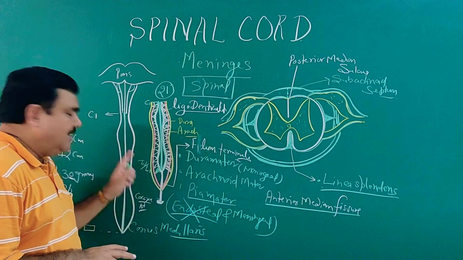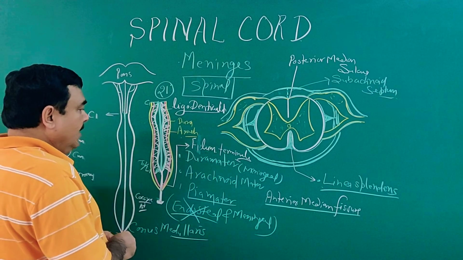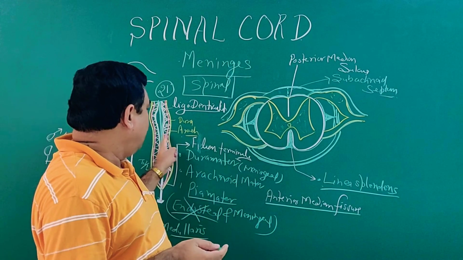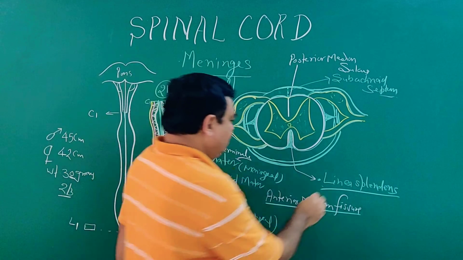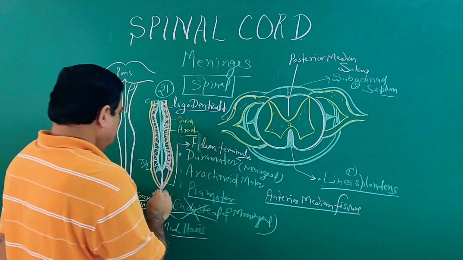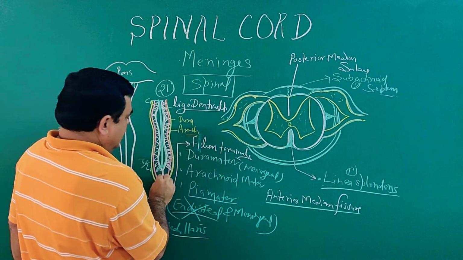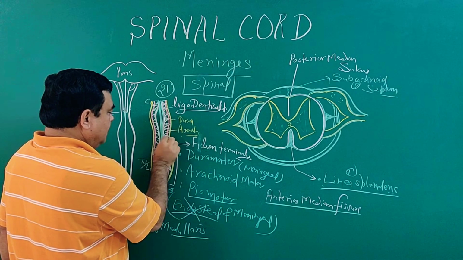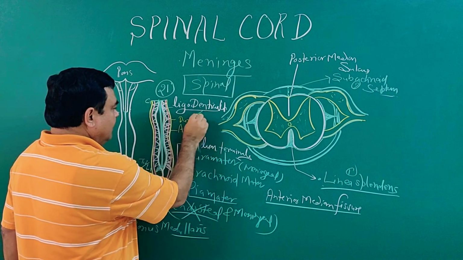This is the filum terminale. Next thing, the ligamentum denticulatum. So this is 1, this is 2, here is 3, and this is the 4th, the ligamentum denticulatum.